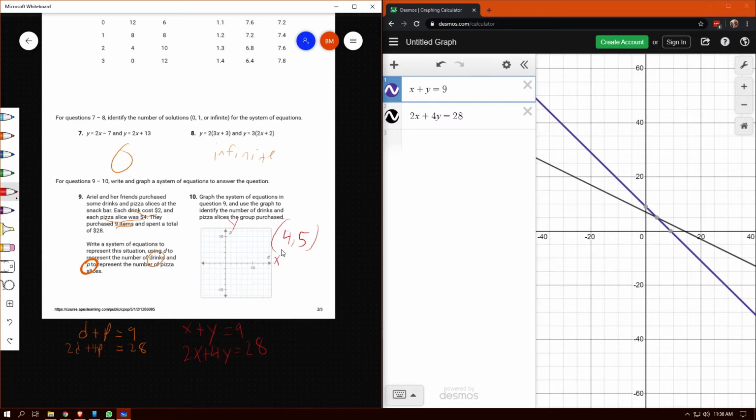So what this tells me is since drinks were my X, there's 4 drinks and 5 pizza slices. That's what they bought. So we bought 4 drinks and 5 pizza slices. There's your answer.